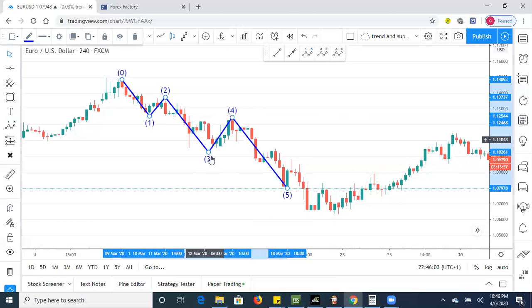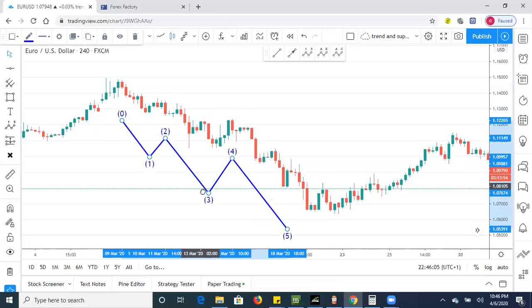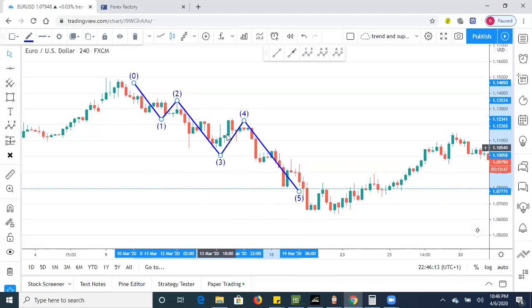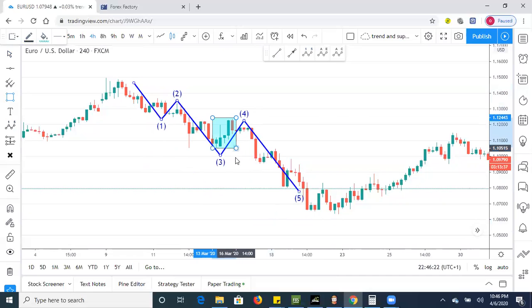Let me bring this down lower. We're in a downtrend. But notice that 3 to 4 here actually looks like price is making a bullish move. If we mark up this point from 3 to 4, right?